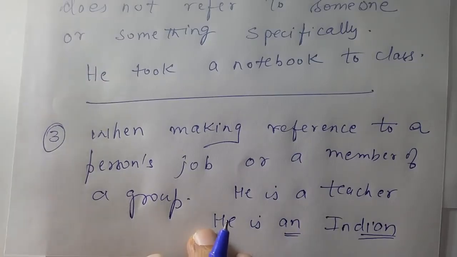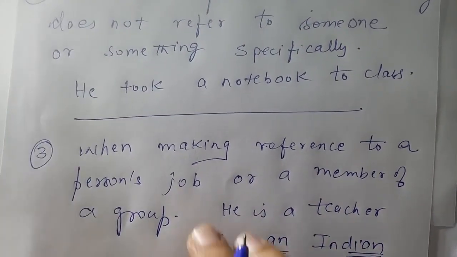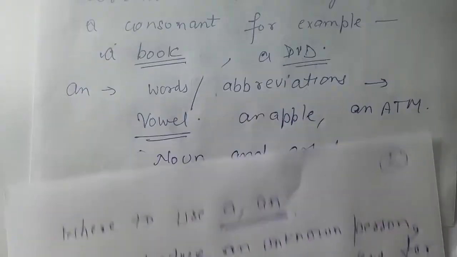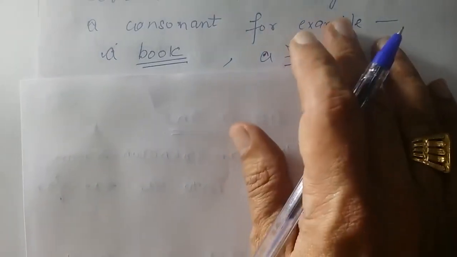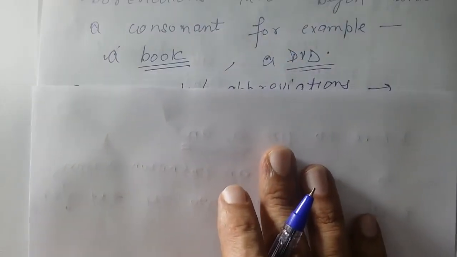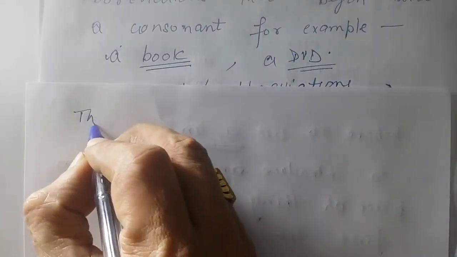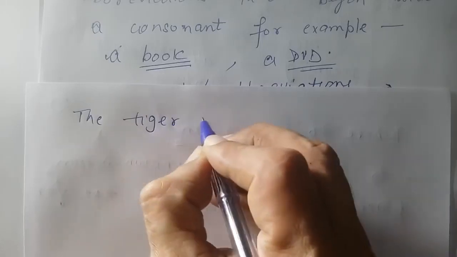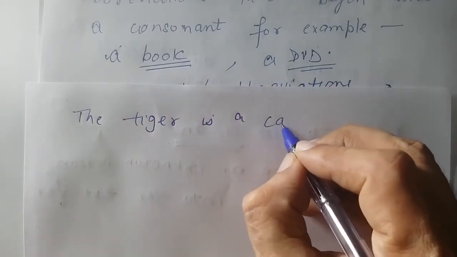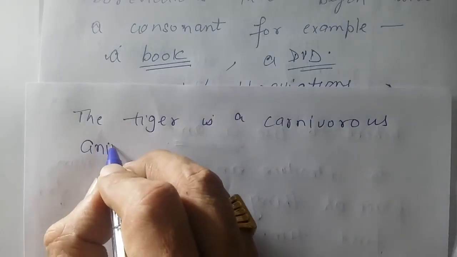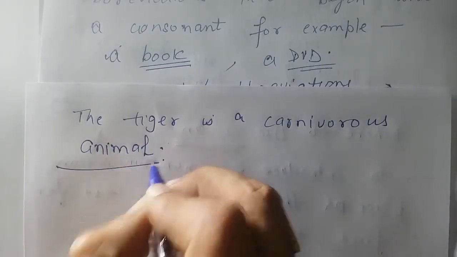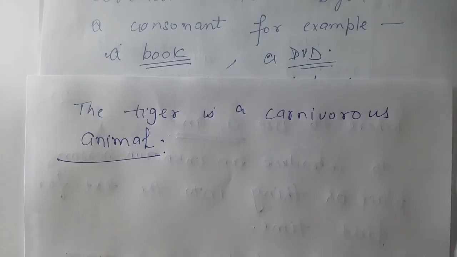Can you give any definition? Try. Think. Just give the definition. The tiger is a carnivorous animal. Right? So an example. Then we have to use this.